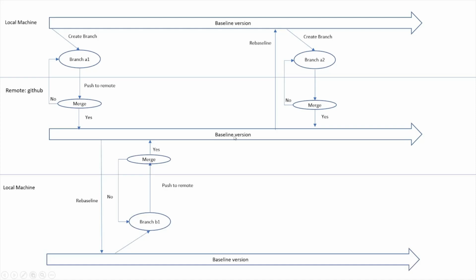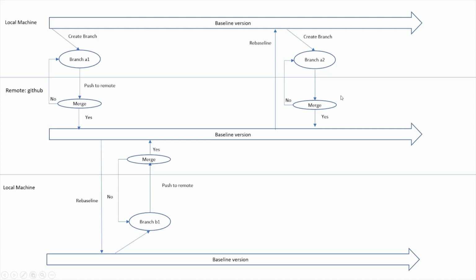So when we are starting with branch A2, which is later than branch B1, if we don't rebaseline, we will be losing out on all the code changes done as part of branch B1. And if we don't rebaseline and push it to GitHub and it is merged, it might even break.